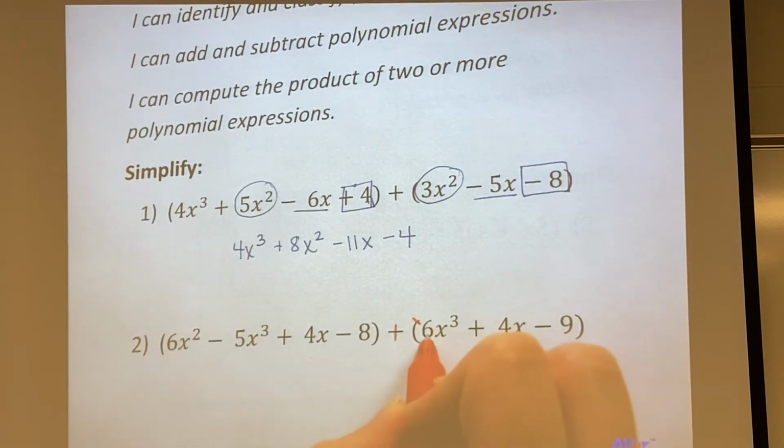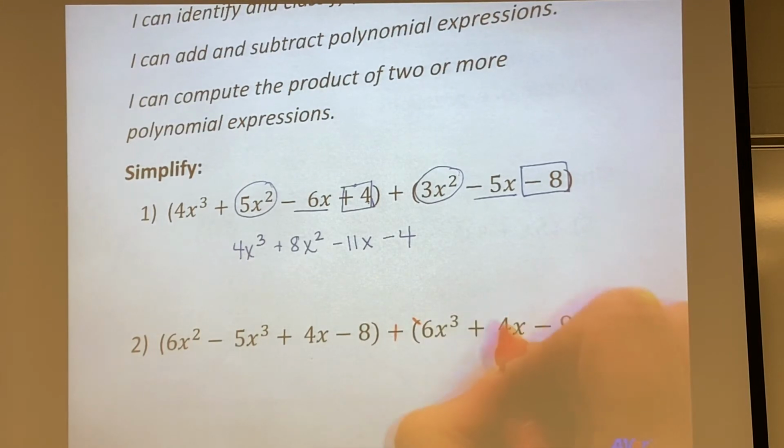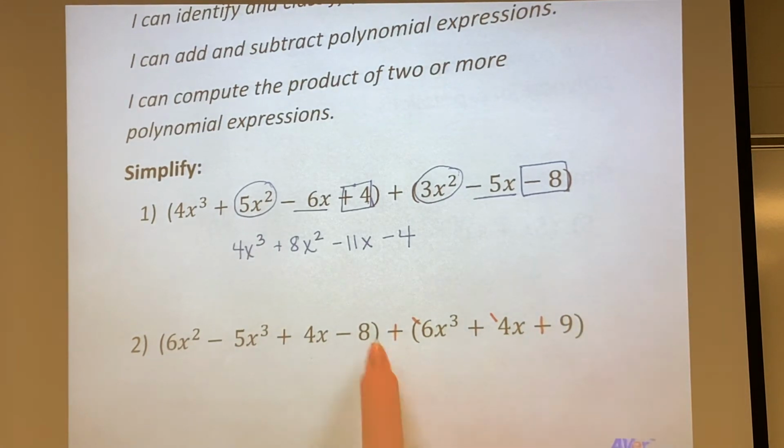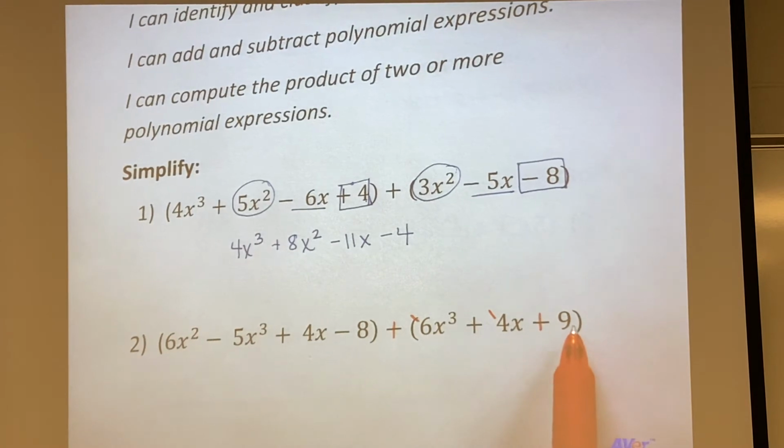So this was a positive 6, now it's negative. This was a positive 4, now it's negative. This was a negative 9, now it's positive. So instead of making it a subtraction problem, it is now an addition problem, which typically reduces errors. So I would strongly recommend you do the same. Anytime you see subtraction, change the sign of everything that comes after.